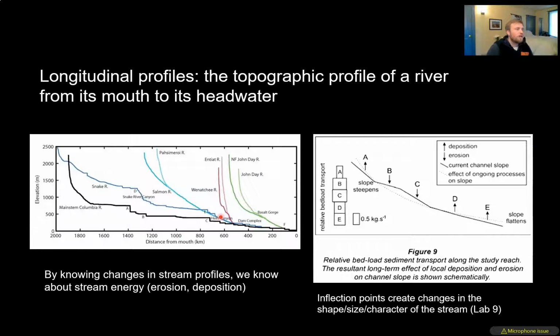Okay. So I want to come back to longitudinal profiles because these profiles themselves are also dynamic, right? So all rivers are going to drain to their lowest point, right? So they start in highlands and the slope can change along a river longitudinal profile where there are breaks in slope, right?